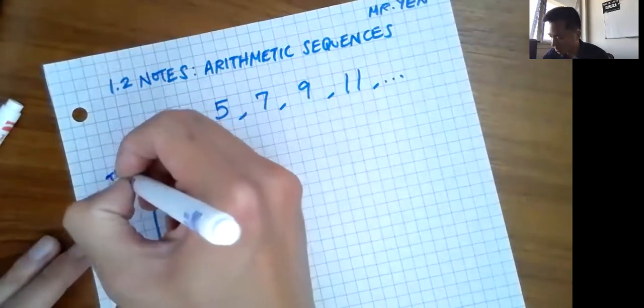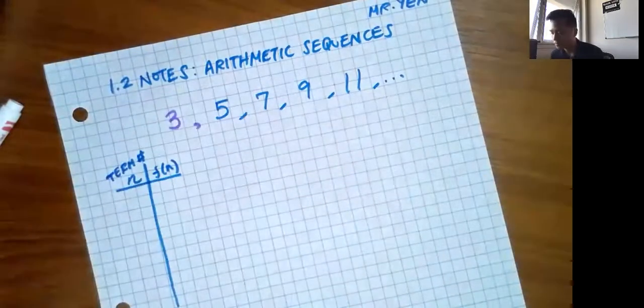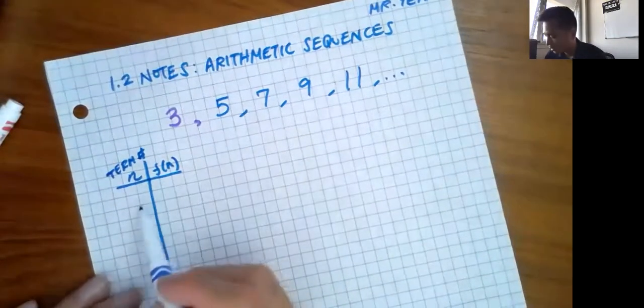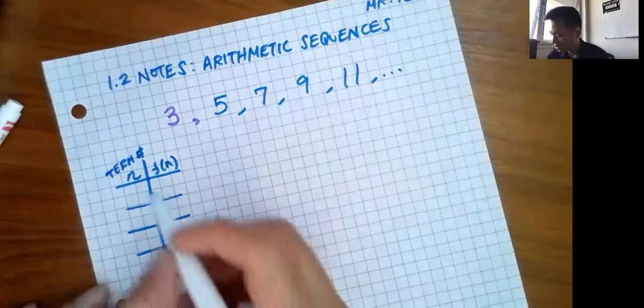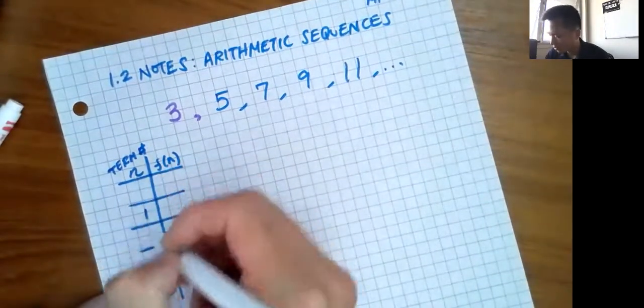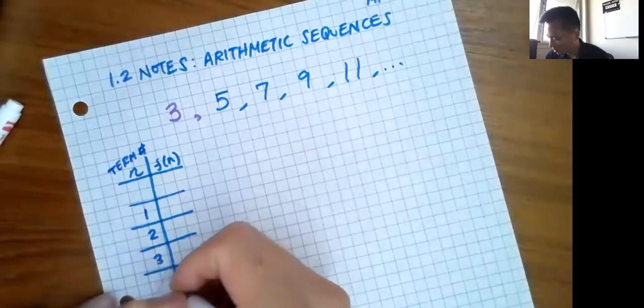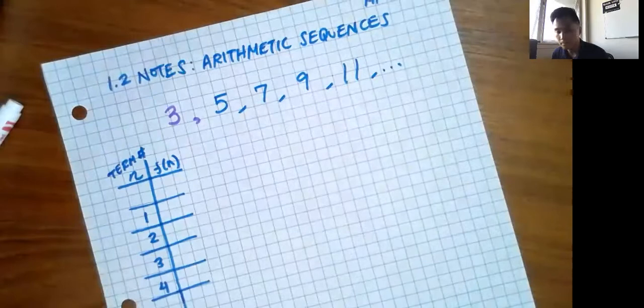So I'm going to write term number on the left here. Draw on these lines. And leave the first row of the table blank. And let's go 1, 2, 3, 4, like that.